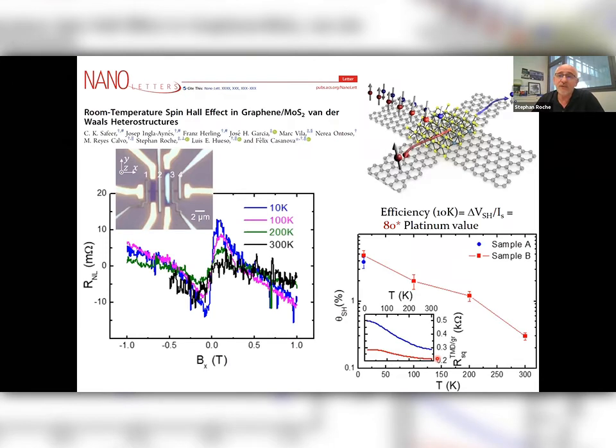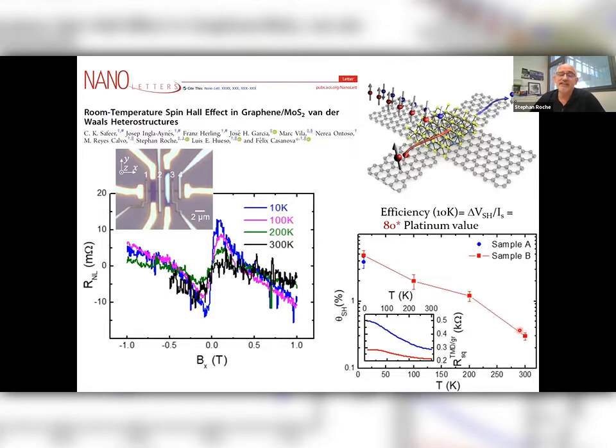So the first experimental results, which have been very promising, were reported by the group of Felix Casanova and Rusueso, where they observed, up to room temperature, some signal that could be assigned to the spin-Hall effect. They have also investigated this as a function of temperature, and basically could find the evolution of the spin-Hall angle as a function of temperature.